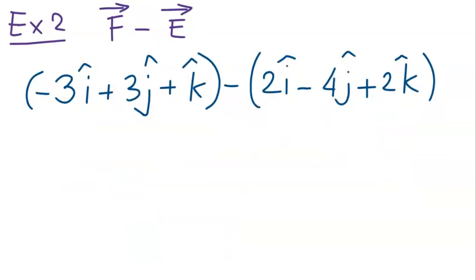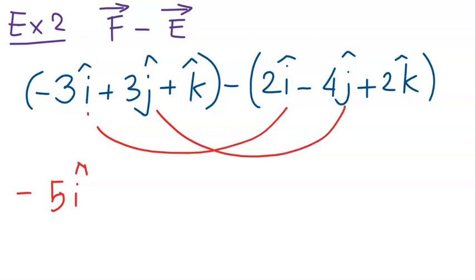Let's look at a subtraction. The same thing. f minus e, so minus 3i minus 2i, so that is minus 5i hat. 3j minus minus 4j, so that is 7j hat.